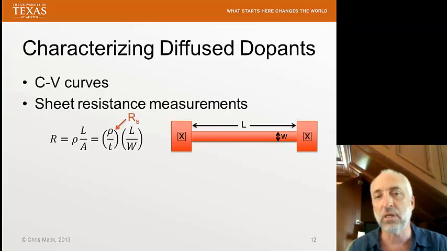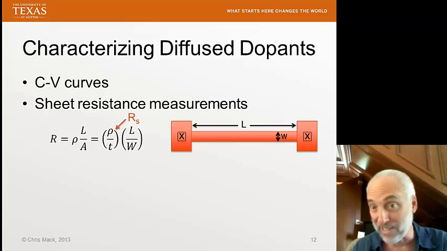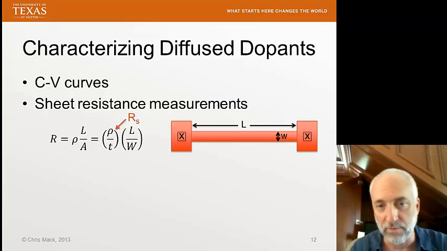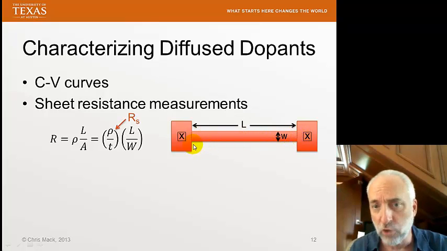So if we build a sheet resistance measurement structure that looks like this, top down, so I'm looking top down on the wafer, I put one electrical probe here at the X and one electrical probe here at the X and measure the resistance. Maybe these are metal pads here and here. In this region, I've got just my doped silicon.